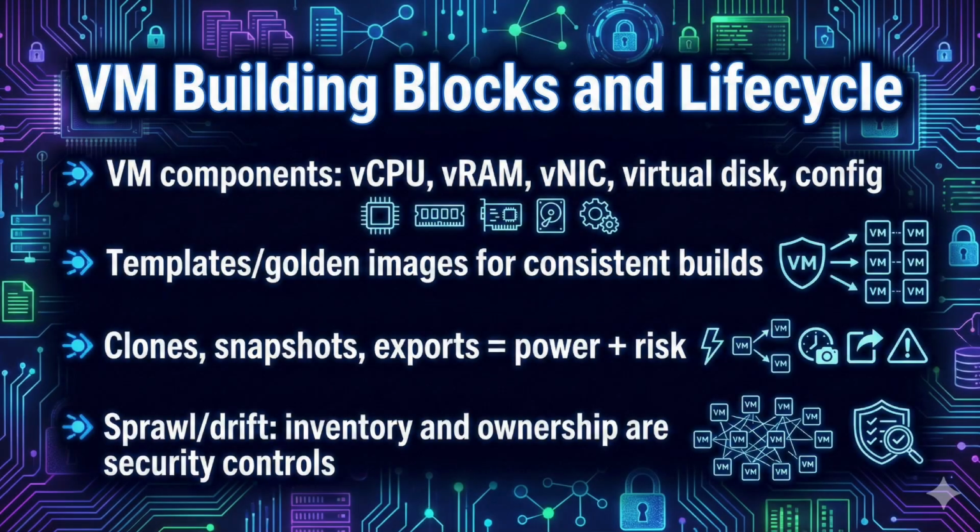A virtual machine is not a mysterious object. It's basically a set of resources plus a set of files. The resources are things like virtual CPU cores, virtual memory, a virtual network card, and one or more virtual disks.